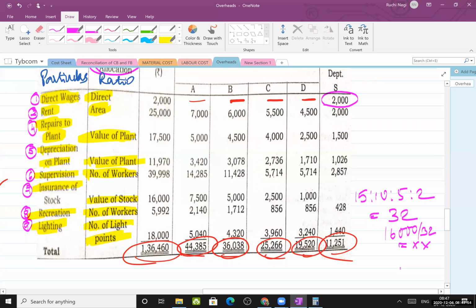First type 15 plus equal to 7,500. Type 10 and press equal to 5,000. Type 5 and equal to, answer is 2,500. Type 2 and press equal to, answer is 1,000. Okay, and there is no ratio for the last one. So if it is not there, it will not be.